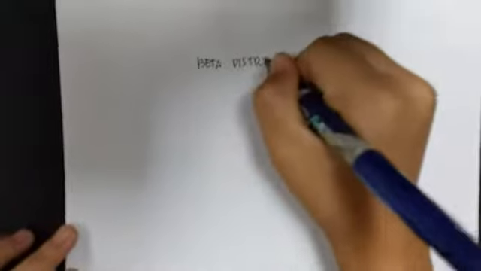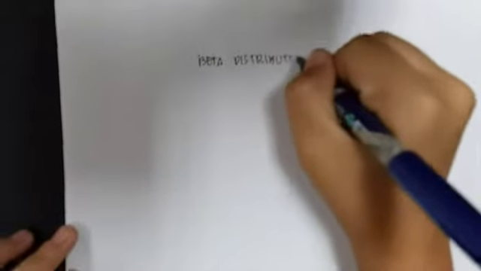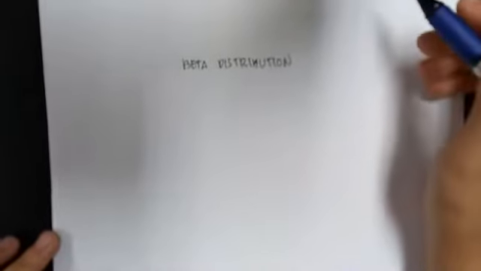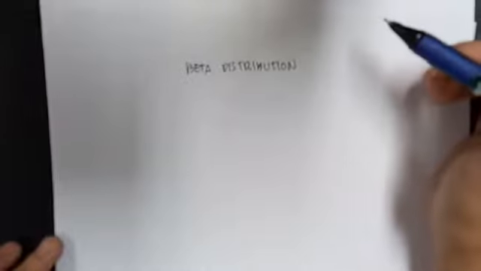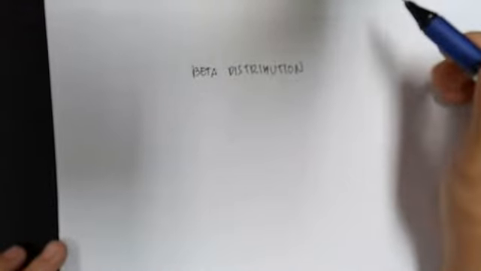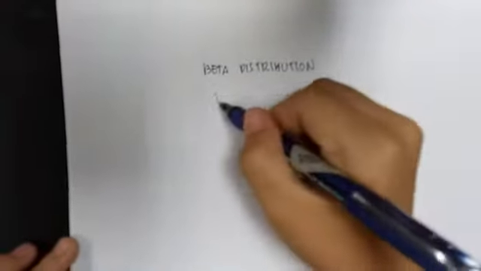Okay, today we will discuss the beta distribution. Now, what is the beta distribution? To give you a brief definition or background, the beta distribution is a family of probability densities of continuous variables taking on values in the interval of 0 to 1.